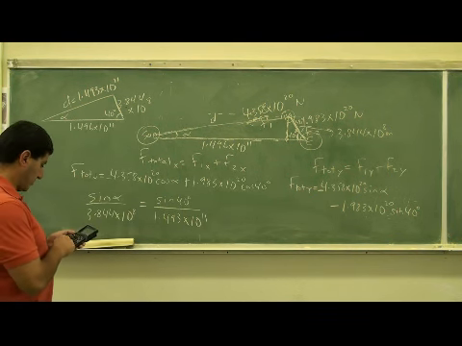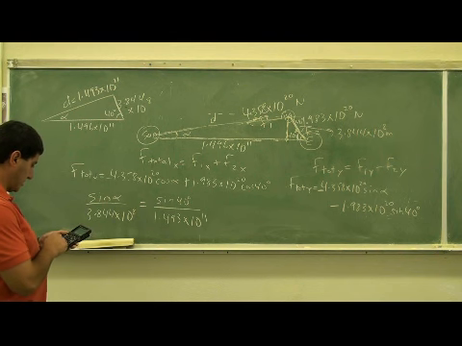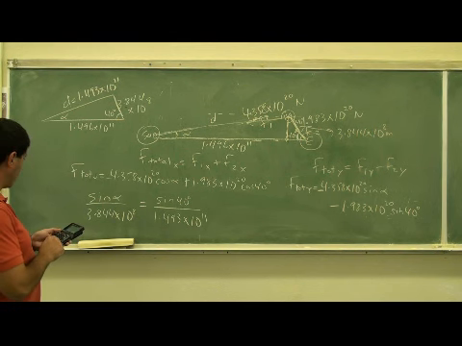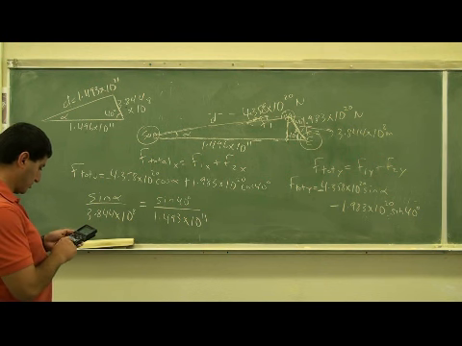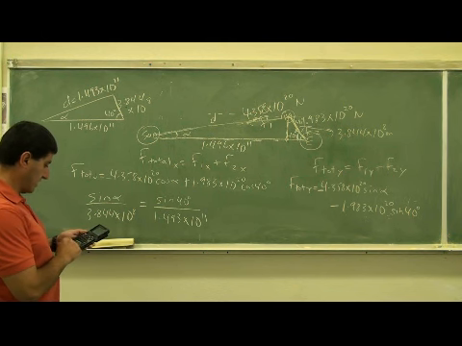So you're going to take sine of 40 times 3.844 times 10 to the power 8 divided by 1.493 times 10 to the power 11.